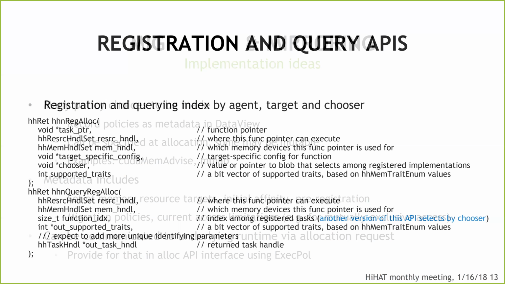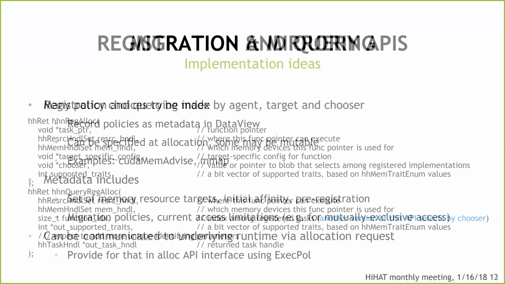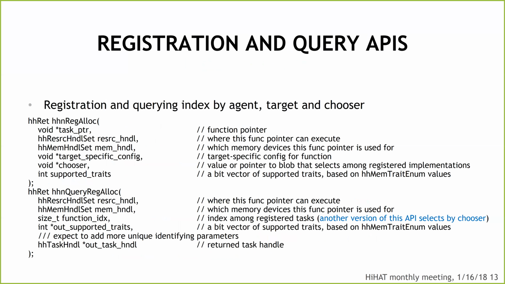To make this more concrete, this is the regalloc API that's being proposed. Here's the allocator, the pointer to the allocator that I'm going to use that's meaningful on a particular set of execution resources. It's being used for a particular set of memory resources.